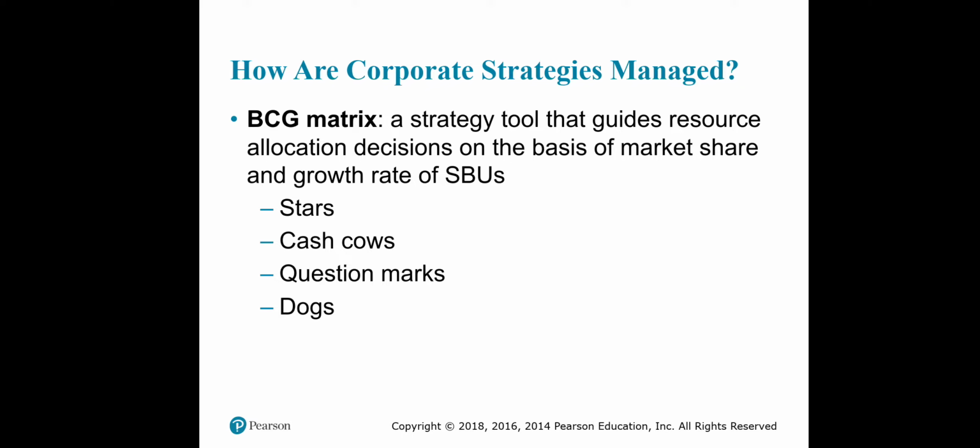The horizontal axis represents market share, low or high, and the vertical axis indicates anticipated market growth, low or high. A business unit is evaluated using a SWOT analysis and placed in one of the four categories listed below. The categories are stars, cash cows, question marks, or dogs.